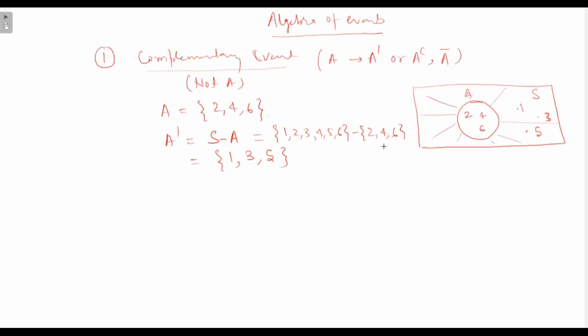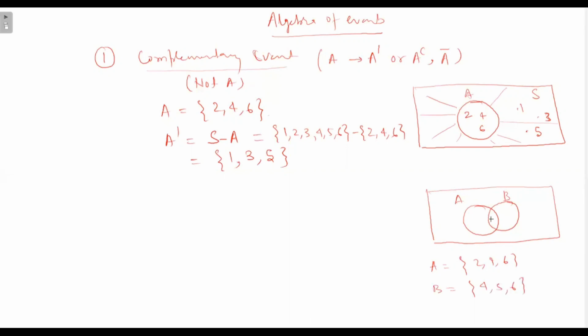Now I'm going a little bit further, just to sets. Say this is your set A, this is your set B. Set A has elements 2, 4, 6, and set B has elements 4, 5, 6.